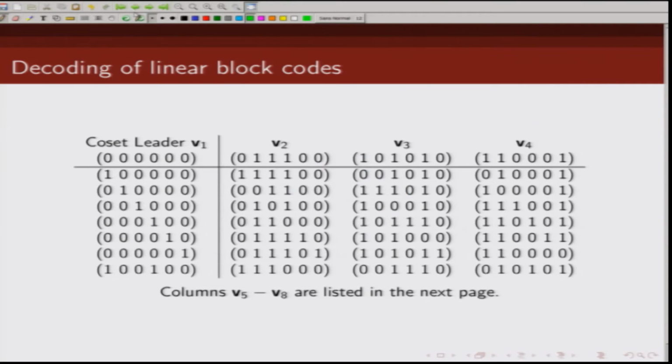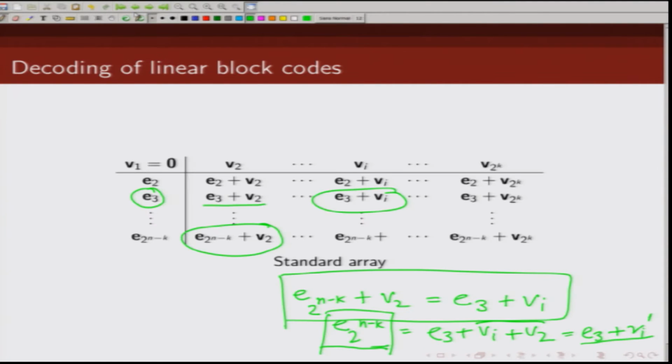Why? If you go back and see the entries of a particular row, here the coset leader was E3. If instead of E3 we had used E3 plus V2, what would have happened? This would have been E3 plus V2, this would have been E3 plus V2 plus V2, so this would be E3, this would be E3 plus V2 plus Vi, and V2 plus Vi would be another code word Vi hat.